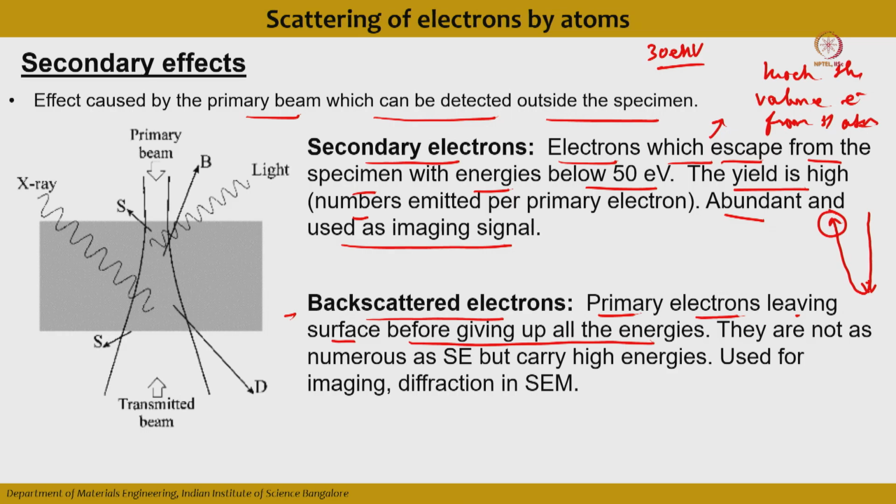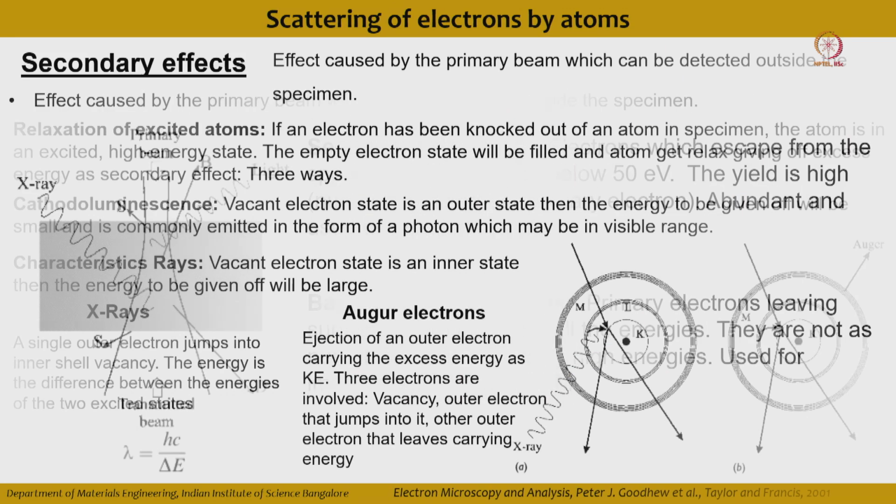So they carry information related to the inside of the sample. They are not as numerous as secondary electrons, but carry high energies. These backscattered electrons are used for imaging and diffraction in SEM. Diffraction in SEM means it is used for EBSD, electron backscattered diffraction. So, these are the primary secondary effects.